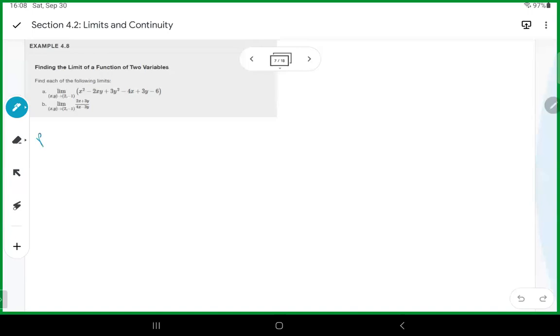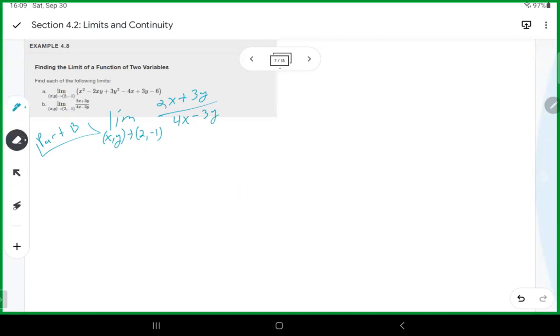All right, now we're going to work on part B, which is finding the limit of xy as it goes to, again, -1 of 2x plus 3y over 4x minus 3y. Not as many parts to this one.